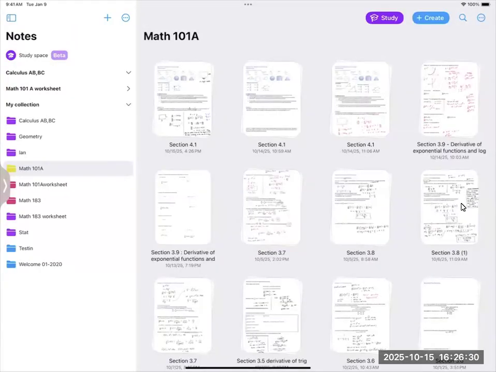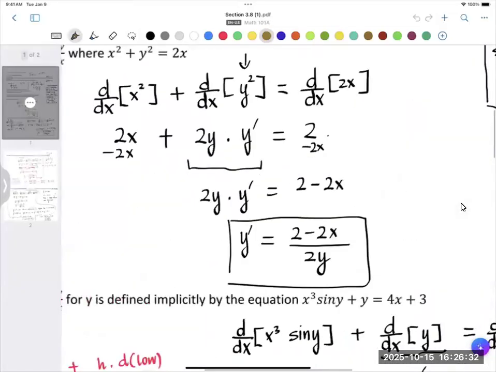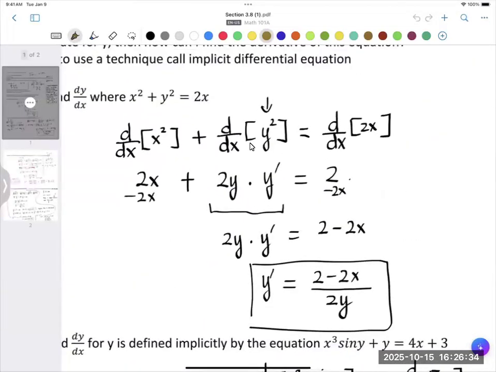Okay, right here. The reason I have to take the derivative of y squared as 2y times y prime is that y is a function in terms of x, and the variable we differentiate with respect to is x. So anything that is not the same variable, you have to do the chain rule.